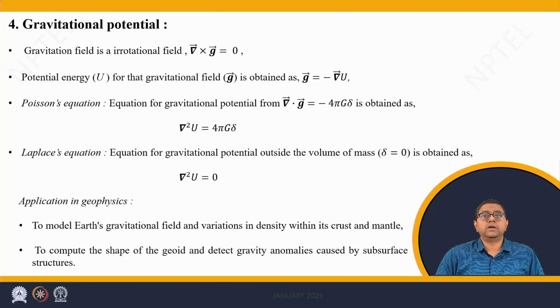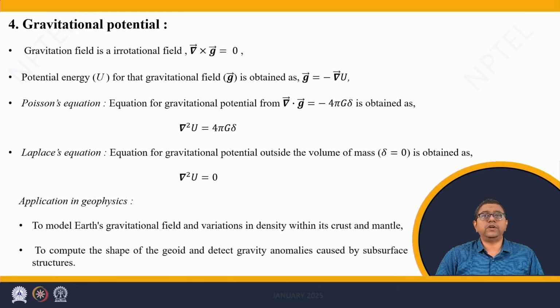Now we move on to a quick summary and further discussions. Gravitational field is an irrotational field which we can obtain from the differential form of the gravitational equation, that is curl of G equals 0.